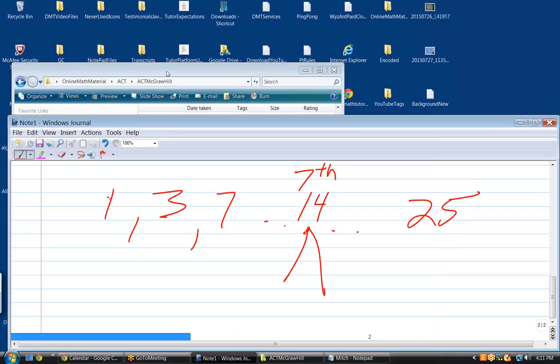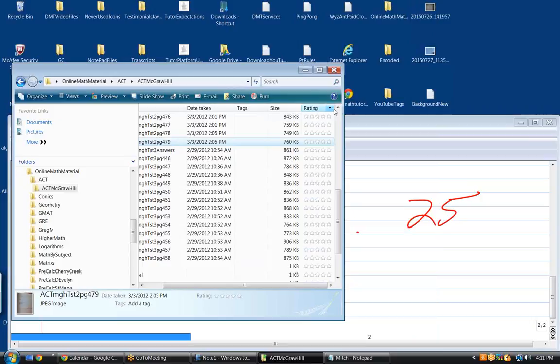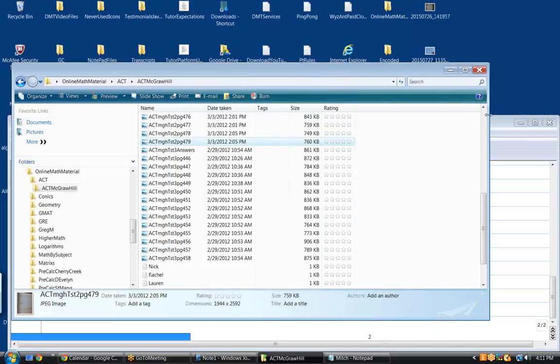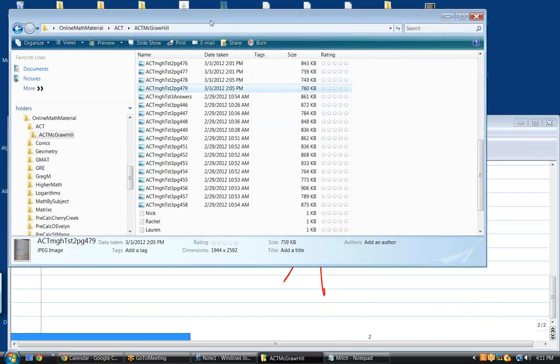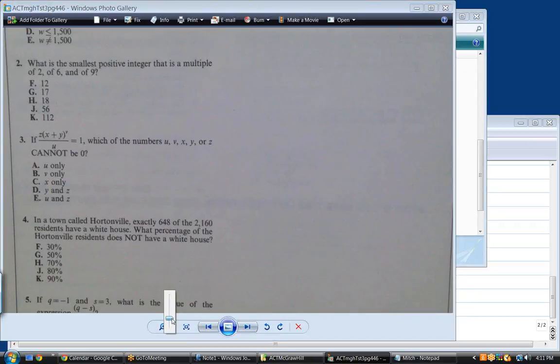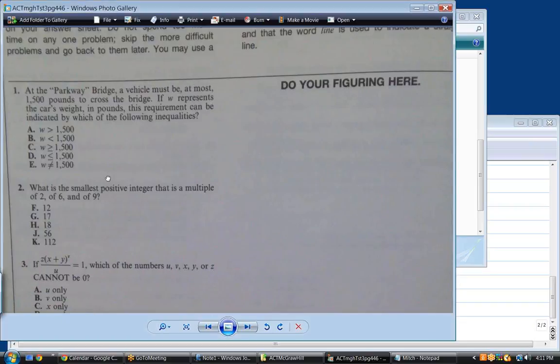All right, let's see. We need to go to test 3. We'll start it and see where our beginning starts here. We'll give you a little bit of a break here. Let's see how fast we can go through these easy ones.